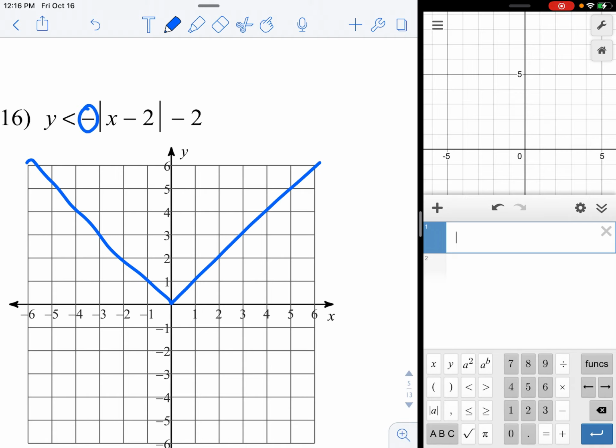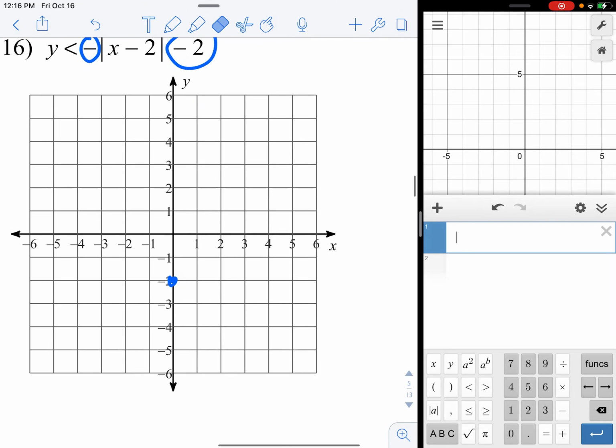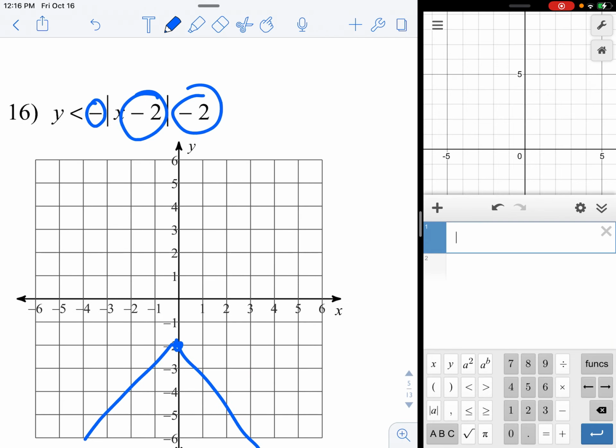A negative flips it upside down, like this. A minus 2 here moves it down 2 units. That's a vertical translation. And a minus 2 here moves it to the right 2 units. The fact that there is no equal sign here tells me that I need to do a dotted line.